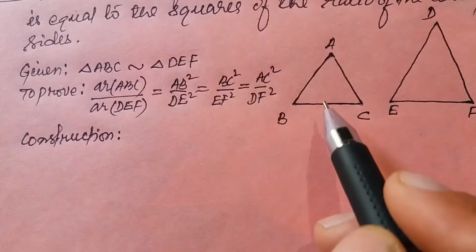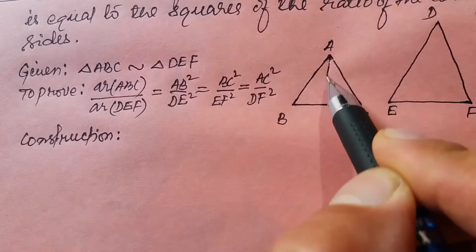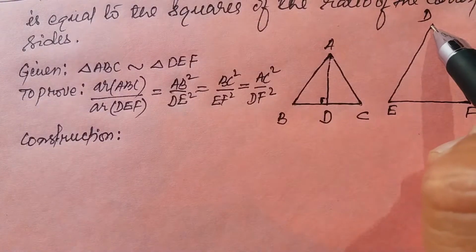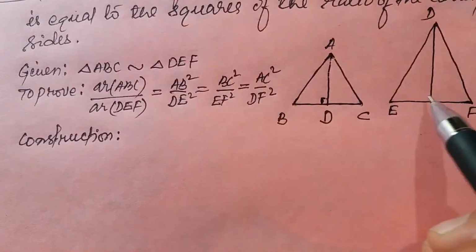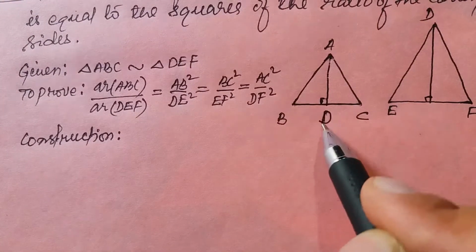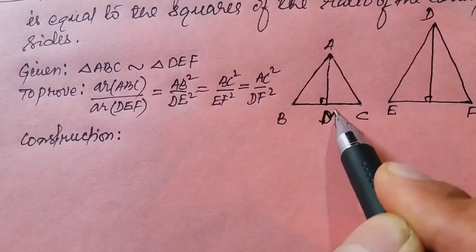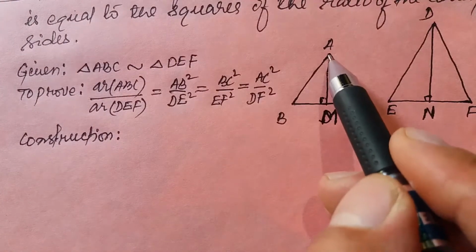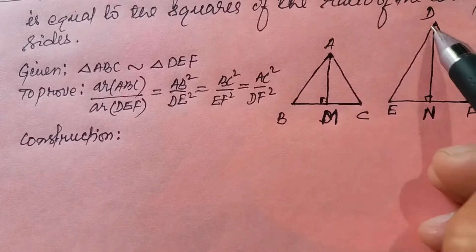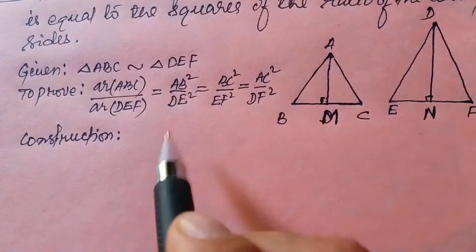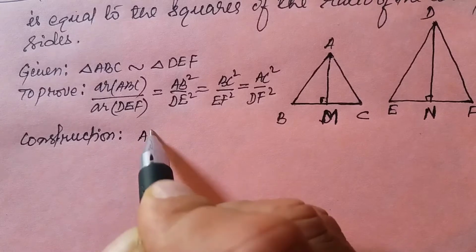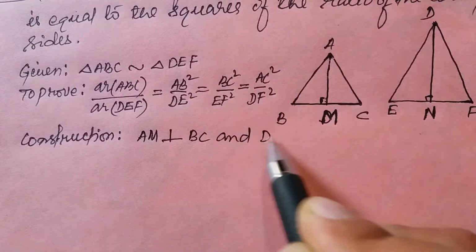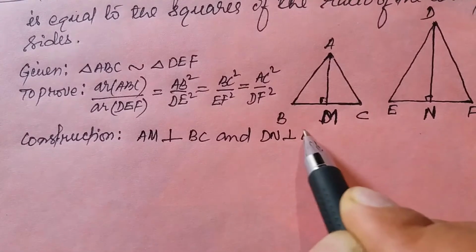Let's draw a perpendicular from A on BC like this, 90 degrees, let's call it M, and a perpendicular from D on EF, let's call this N. So we have two perpendiculars drawn from A on BC and D on EF. So here AM perpendicular to BC and DN perpendicular to EF are drawn.